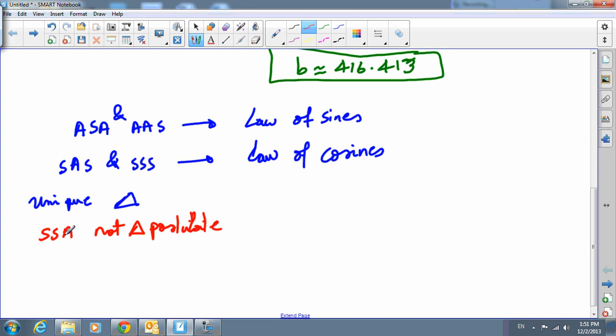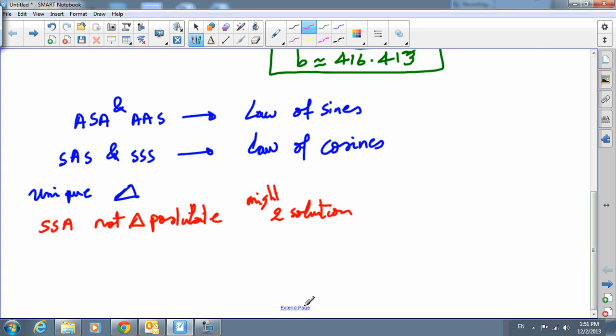Instead of writing side side angle, they write angle side side, and this is our ambiguous case, meaning that it is unclear. You might have two solutions. Not always, but might.